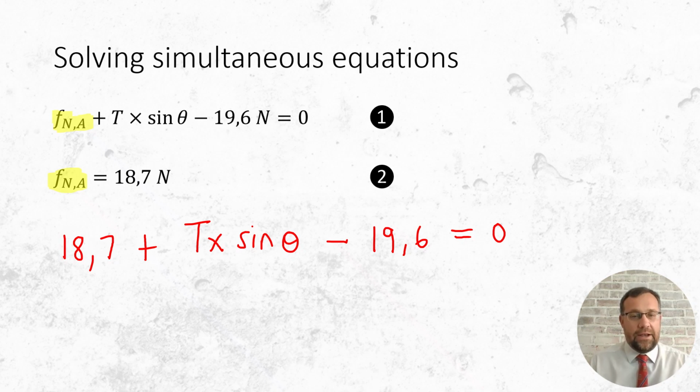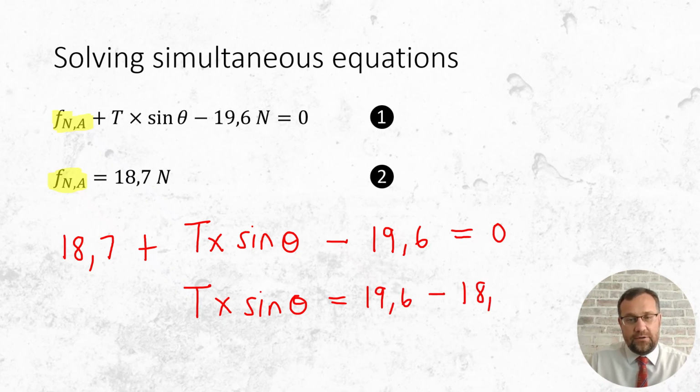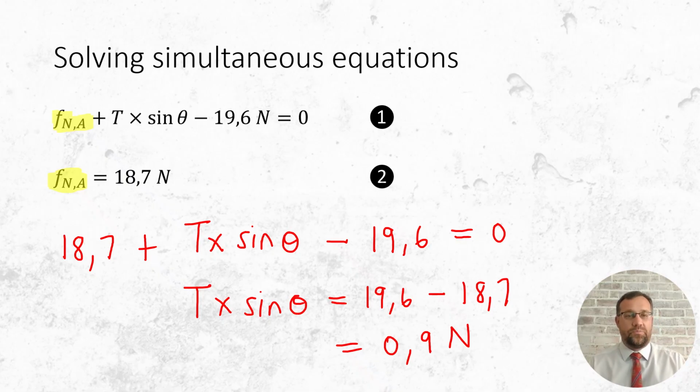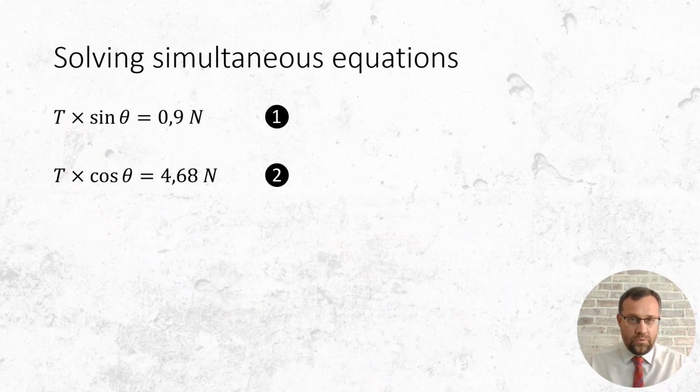And then we can rearrange this as T times sine theta equals 19,6 minus 18,7, so that is equal to 0,9 newtons. So the vertical component of the tension is 0,9 newtons. And if you recall, we earlier determined that the horizontal component, which is equation 2, is equal to 4,68 newtons.